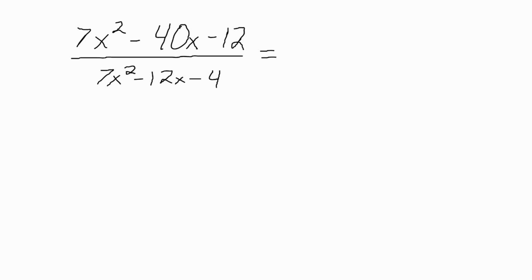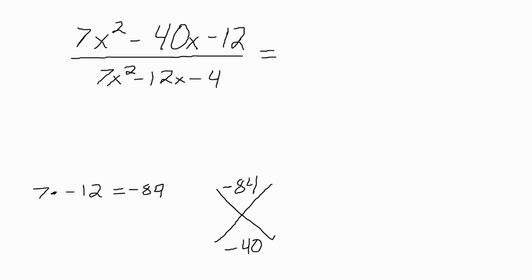You would do 7 times negative 12, and that would give you negative 84, and you would put that in the x thing that you do. And then on the bottom you would do negative 40, and you try to find two numbers that multiply to negative 84 and add to negative 40, which I think would be 2 and negative 42.